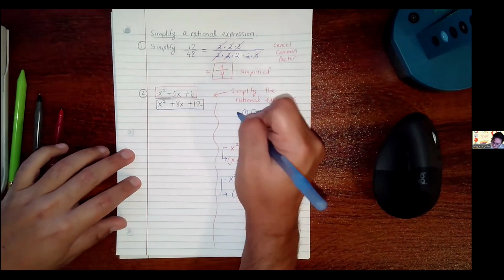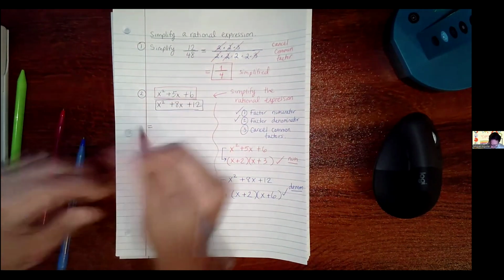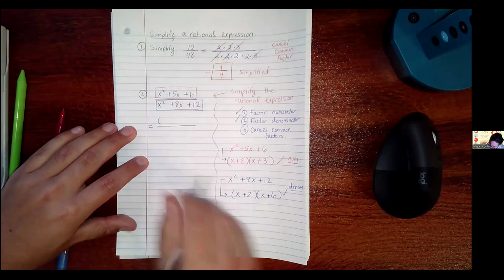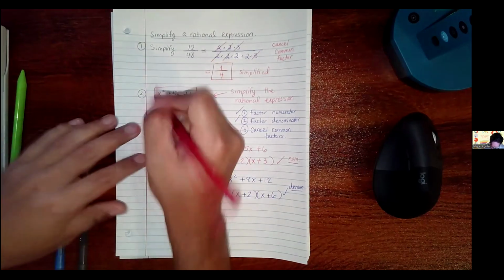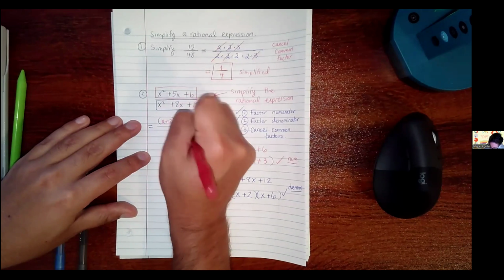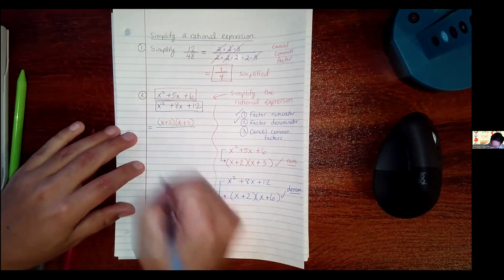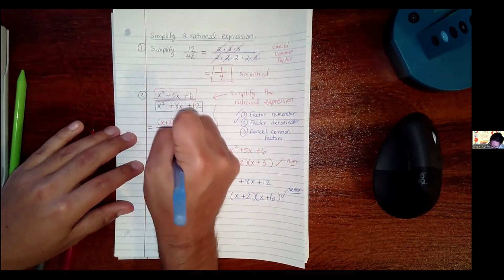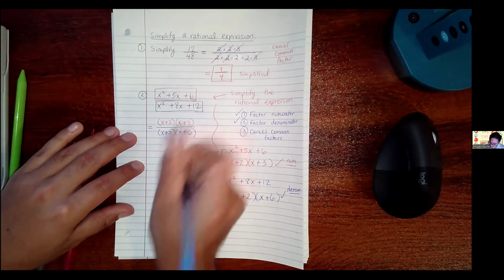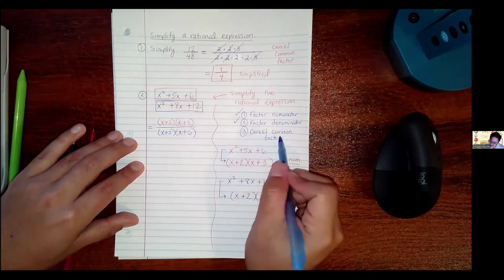But once we factored the numerator and factored the denominator, we're going to rewrite our expression as x plus 2 on top times x plus 3. That's our numerator. Our denominator in factored form is x plus 2 times x plus 6. And then our third and final step is to cancel the common factors.